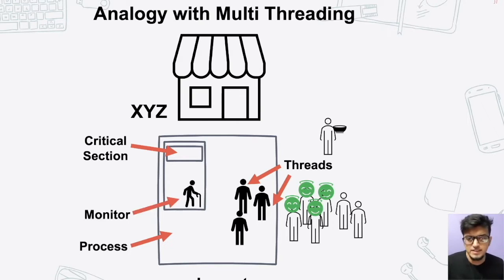According to this example, a monitor is a single person who continuously checks whether the critical section, that is the oven, is being used by any thread or not. Only if the critical section is not blocked by any thread will he let another thread enter. So we can solve this problem of concurrency control with the help of a monitor in our program. Let's see how we can implement a monitor within the code.